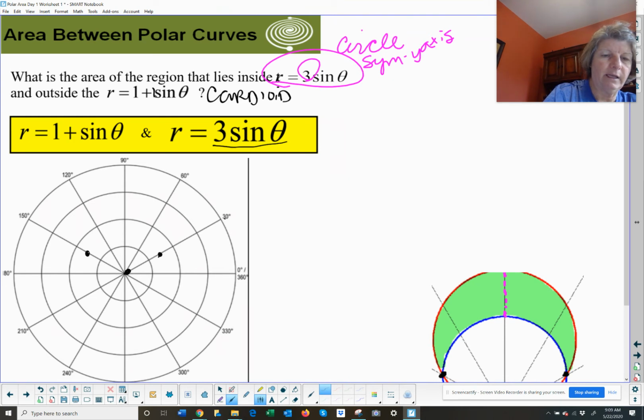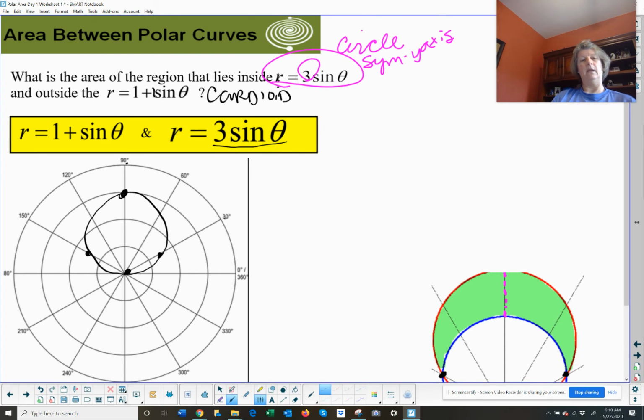Likewise, it'll be over here. And if we put in pi over 2, it will be up as high as 3 right there. So we get a circle formed symmetric over the y-axis, or the pi over 2 line.